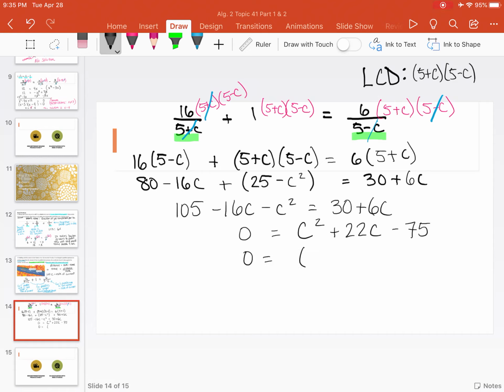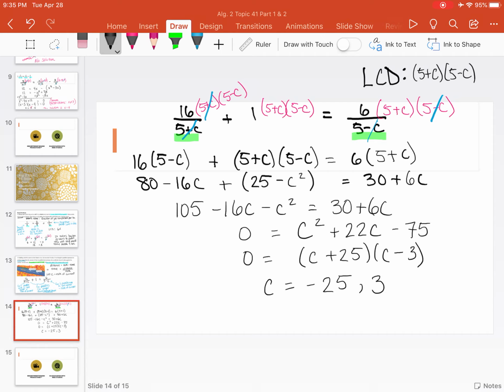Okay, so we get c plus 25 and c minus 3. Using the zero product property, we know that c can equal negative 25 or 3.